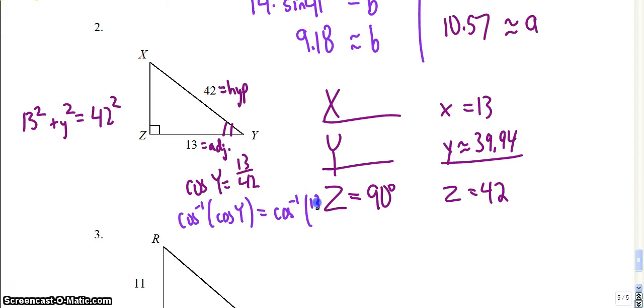And what that does for us is it makes the left side simplify down to angle y all by itself. The right side is cosine inverse of 13 over 42. So on your calculator, you're going to hit second cosine, 13 divided by 42, and that gives you an approximate angle measurement of 72.0 degrees.